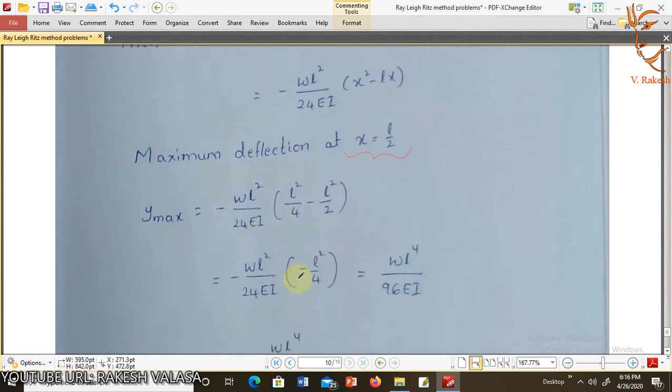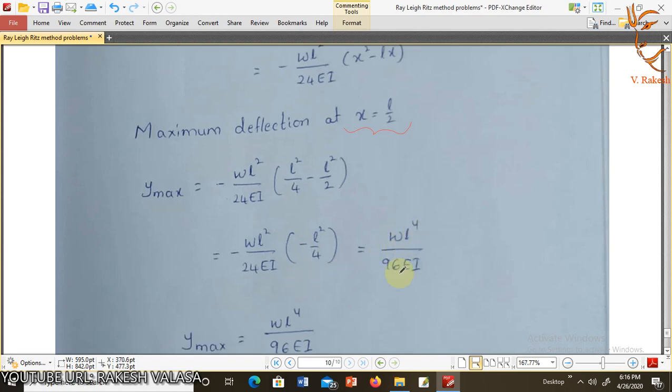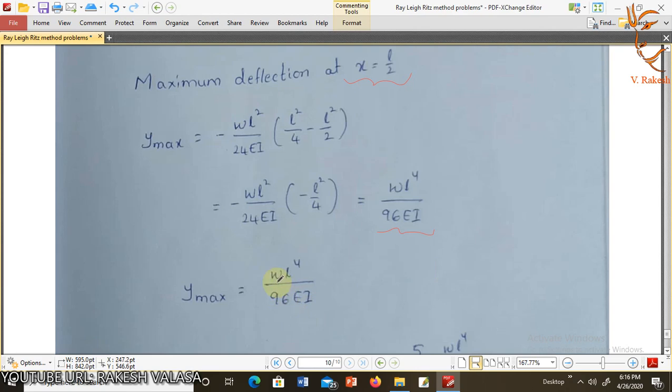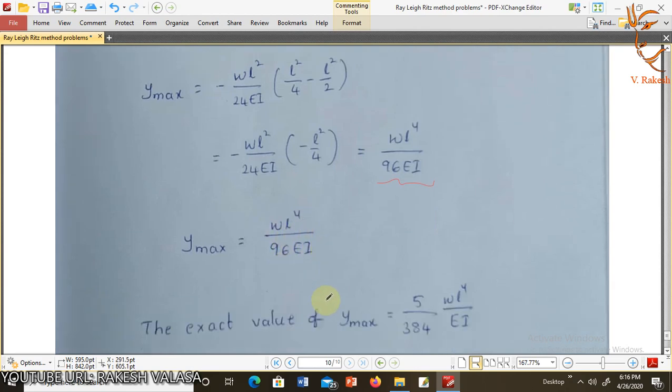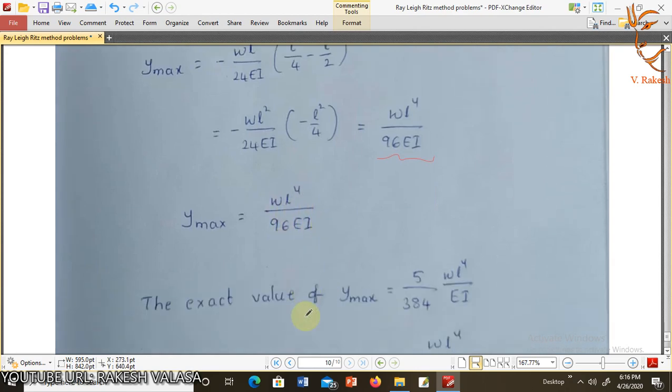Now simplify this, we get WL power 4 by 96EI. Y max equals WL power 4 by 96EI. But the exact value for a simply supported beam with UDL load is 5 by 384 WL power 4 by EI.